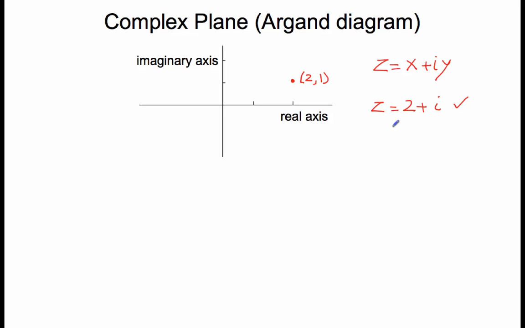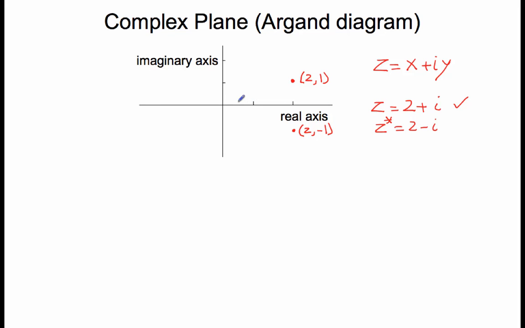If I wanted to look at, let's say, z equals 2 minus i, which I should get by complex conjugating the above, then that would mean going 2 units this way and 1 unit this way. So this here is (2, -1).